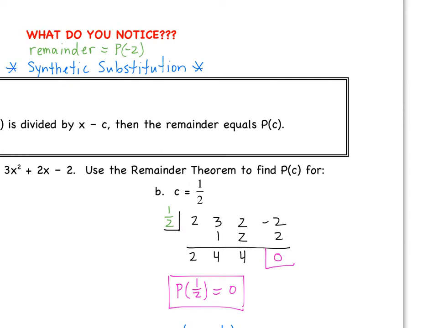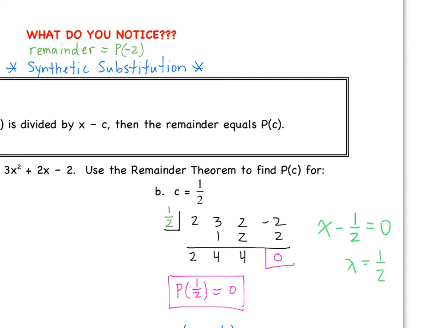Now let's take it a step further. What this means is, I want an x minus 1/2. Okay, that means x minus 1/2 equals 0. That means x equals 1/2.